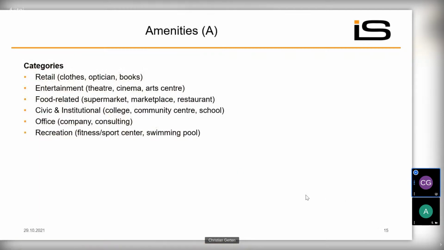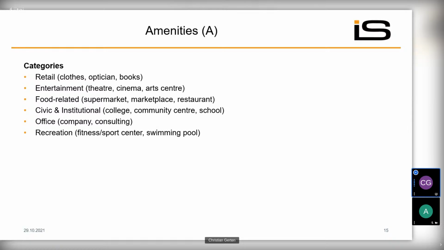But in our case, we look at some more categories or some more infrastructures. In total, we consider 6 different categories of infrastructures, which are derived from literature and also were discussed with our colleagues from Dublin and Lisbon.